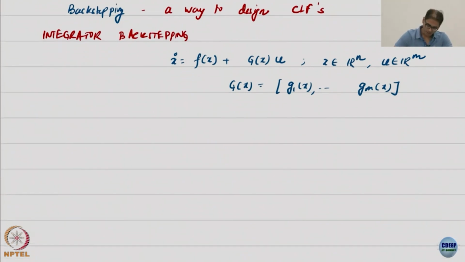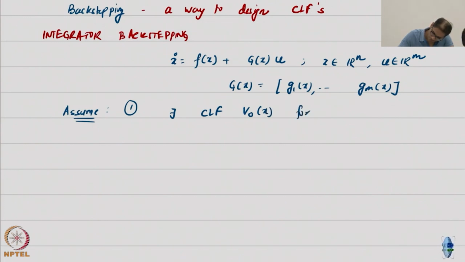All right. So now, as always, we assume a few things. One is that there exists a control Lyapunov function V0(x) for the above system. You might say that I already made life too easy by assuming a CLF.